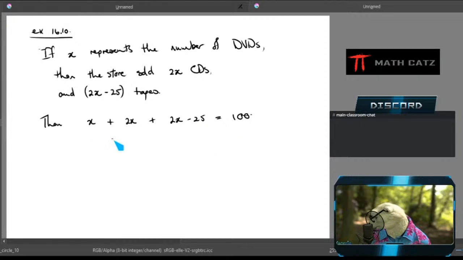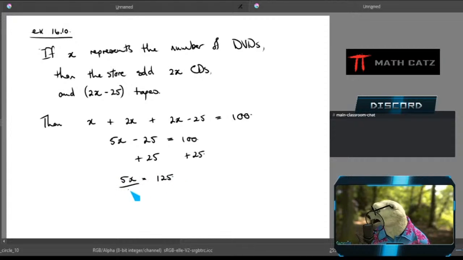So I have here 5x's. So I simplify both sides first. Then I'll see, okay, how can I isolate the x systematically? I add 25 to get 5x equal to 125. Then I divide both sides by 5 to get x equal to 25.